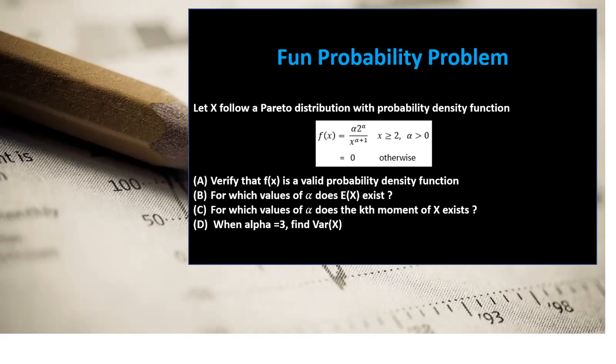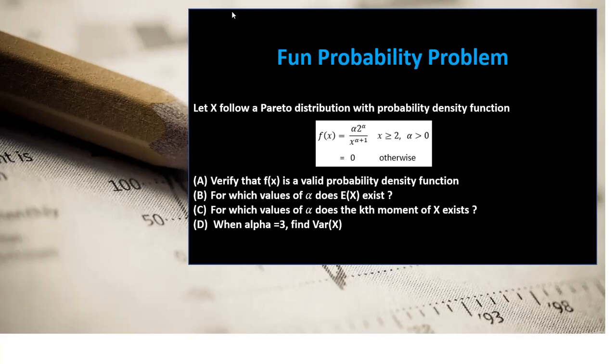Now we want to find for what values the expected value is going to exist, and for what values of alpha the k-th moment of the random variable exists. Then if I give alpha a specific number, 3, what is the variance of X? So those are very, very basic probability problems. Let's take a look here.